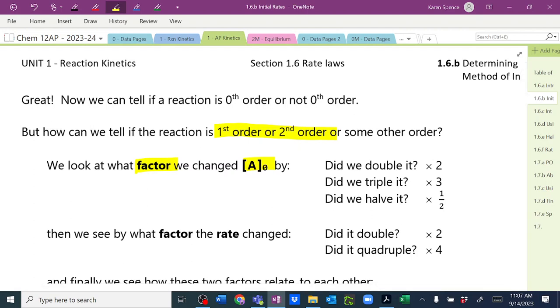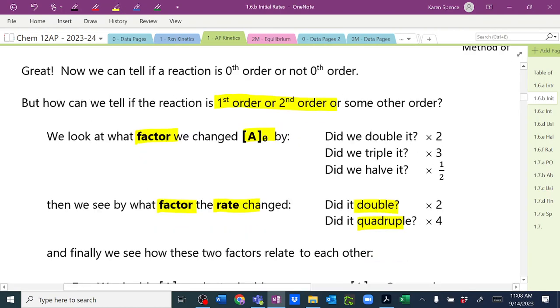What did we do? We doubled it. So we have to ask ourselves, what did we do to the concentration of A? Did we double it? Did we triple it? Did we half it? Then we look at what happens to the rate in response to that. When we doubled it, did the rate double? Or did it quadruple? Or did it change by some other factor? So far, so good? Okay.